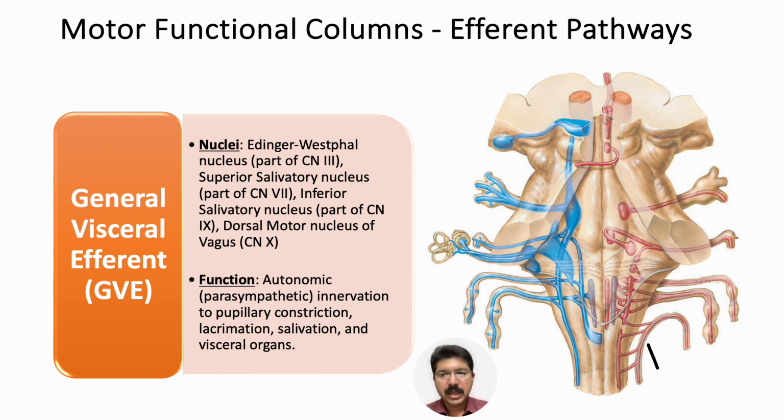And finally, the dorsal motor nucleus of the vagus nerve, which is positioned also in the medulla, which provides parasympathetic information to a wide range of visceral organs, including the heart, the lungs, and the digestive system, slowing heart rate, promoting digestion, and constricting bronchioles.